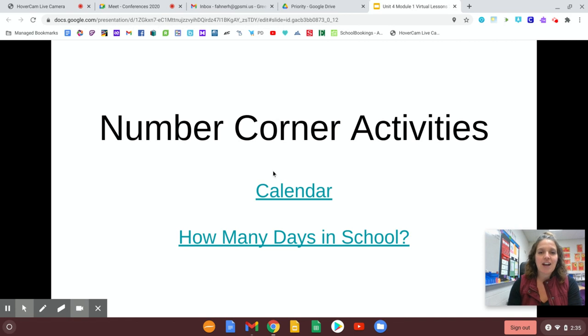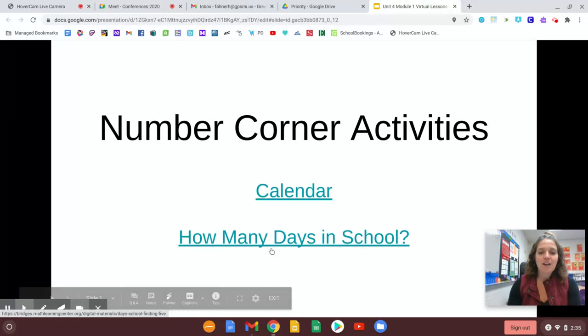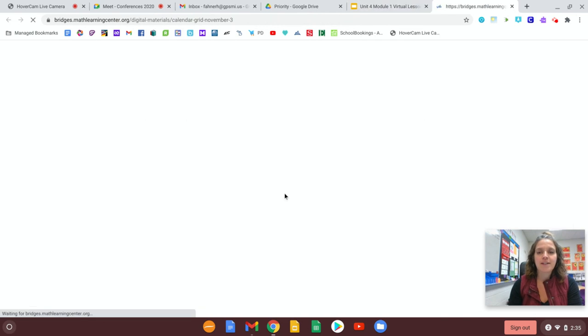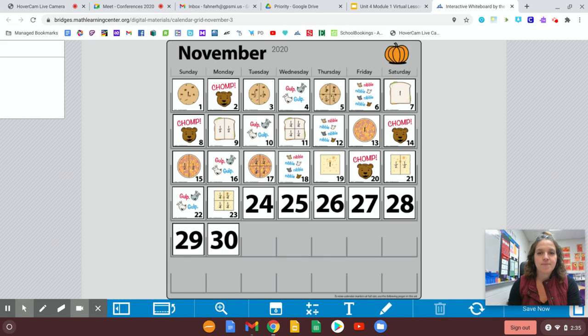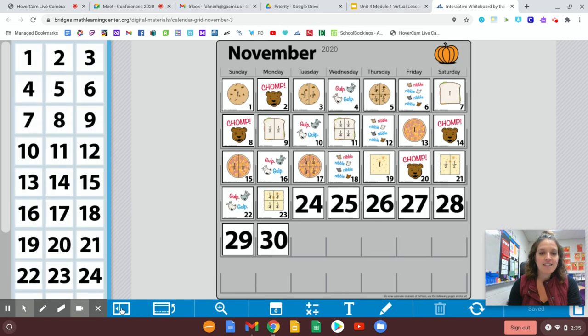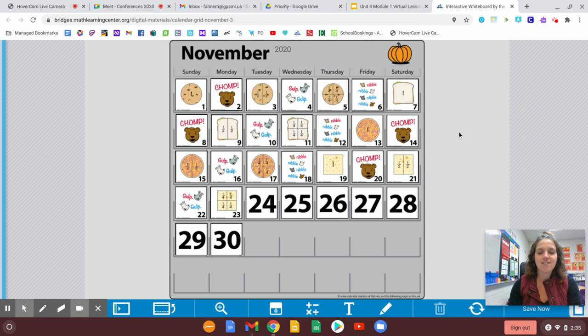So here I've got our number corner activities, and we're going to look at calendar and how many days in school. So here we go. All right, there is our virtual calendar. That looks pretty cool, doesn't it?